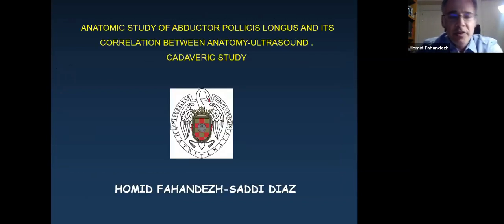To show this is my PhD. It's an anatomical study of the abductor pollicis longus tendon and also anatomical variations inside of the first extensor compartment, looking for the correlation between the anatomy and the ultrasound.